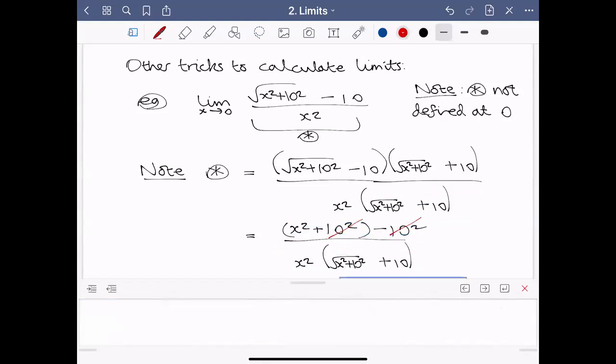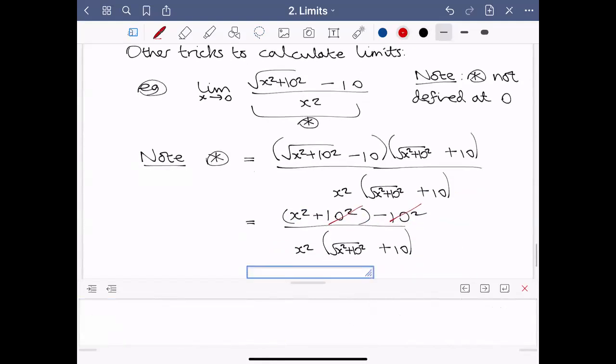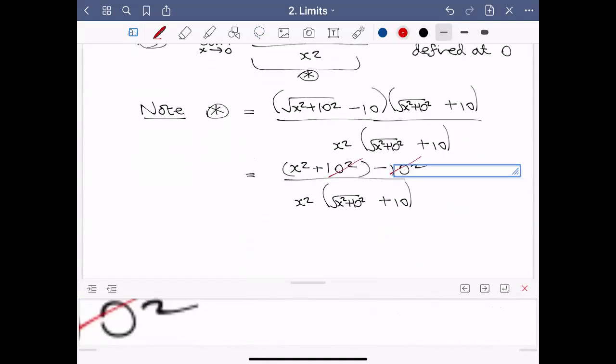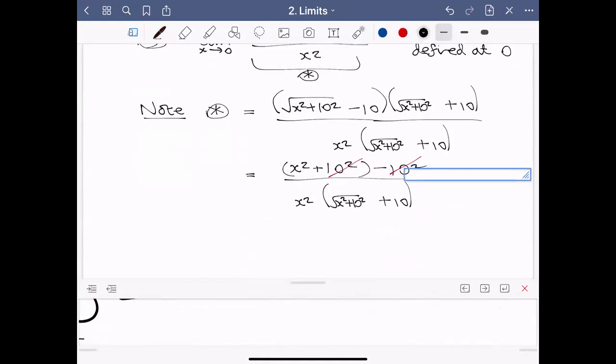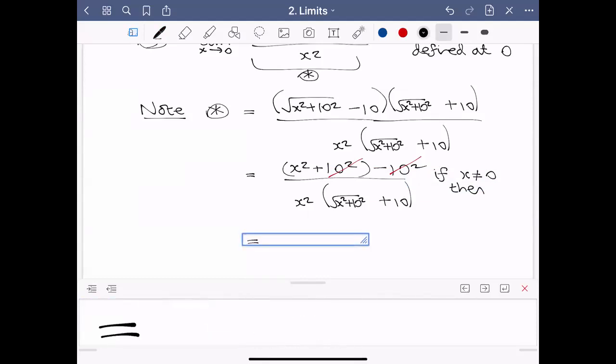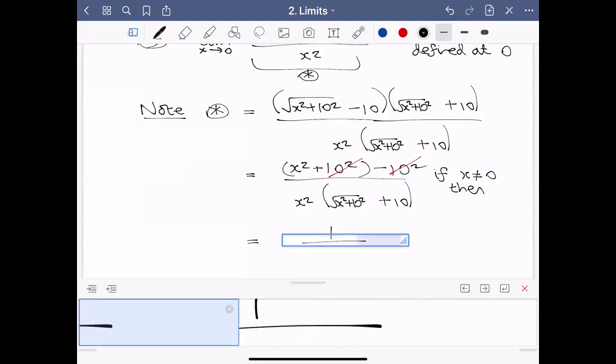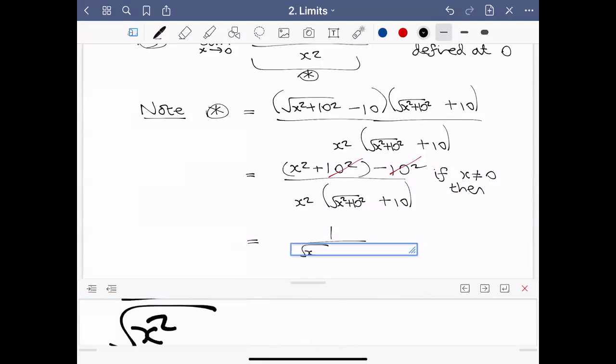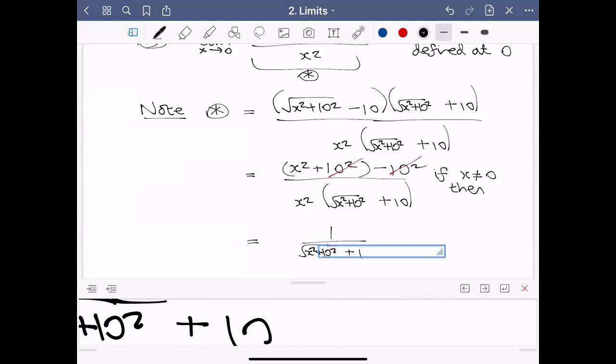That these 10 squares cancel. And if x is non-zero, then my x squareds cancel and I get 1 over just the square root of x squared plus 10 squared plus 10.